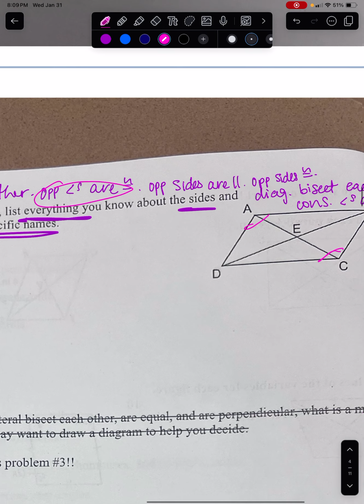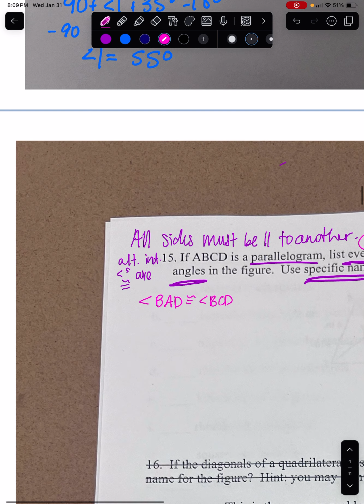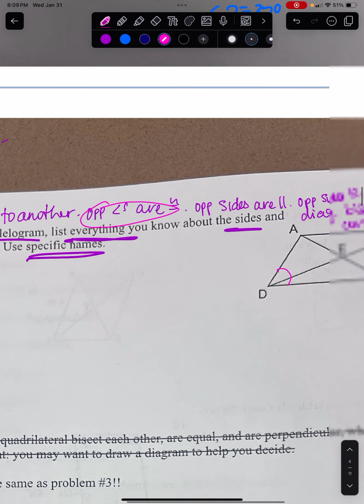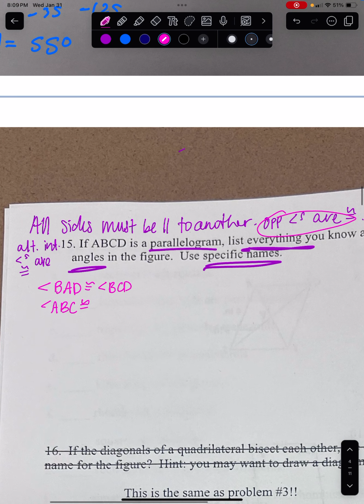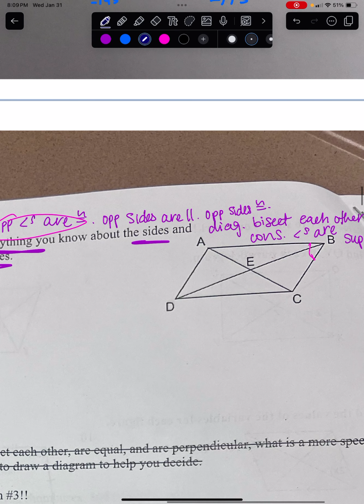What else do we have? We have this angle congruent to this angle. Angle ABC is congruent to angle ADC. Okay. Now, those are all the opposite angles we have.